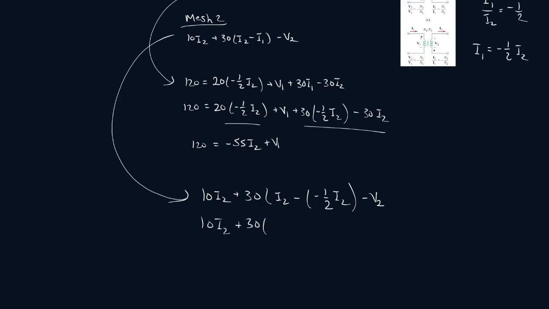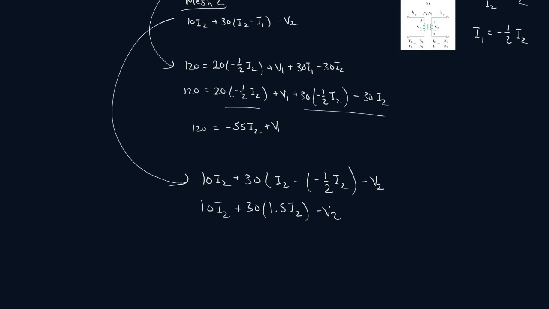So that's 1.5 I2. Okay, and that's 55 I2 minus V2. And bring that to the other side.